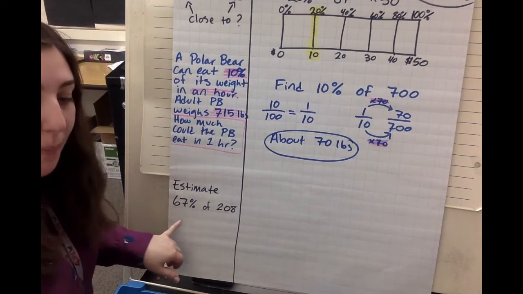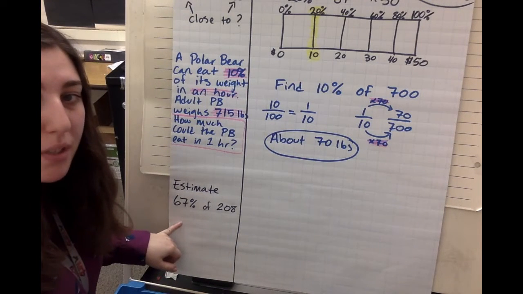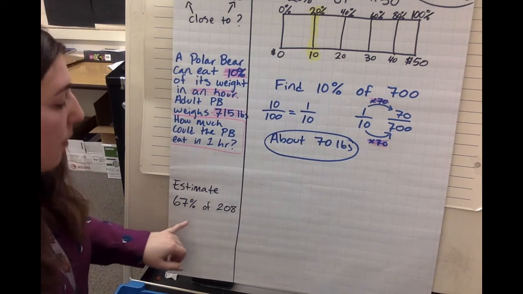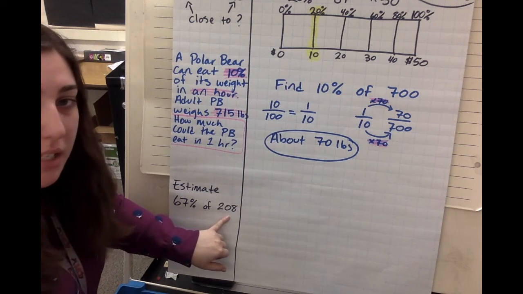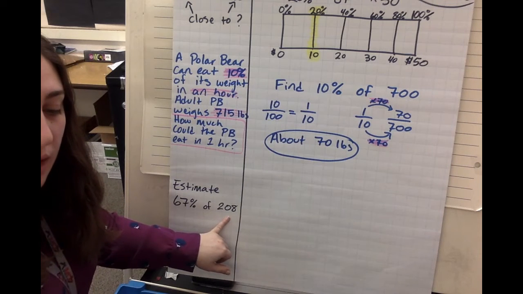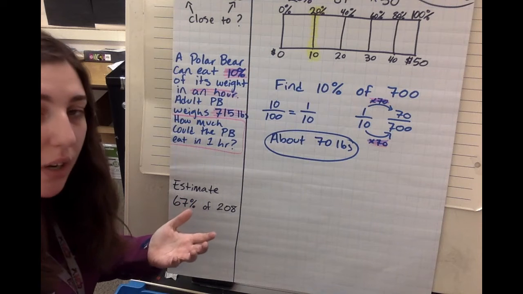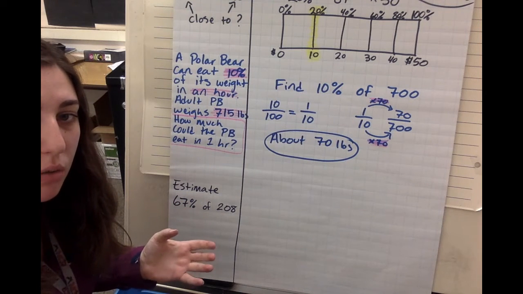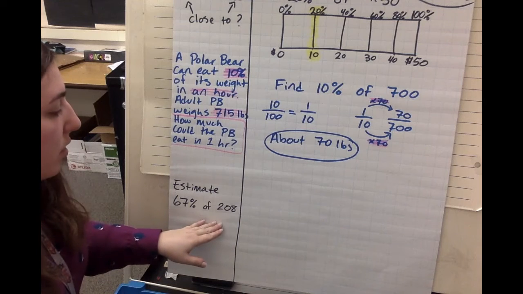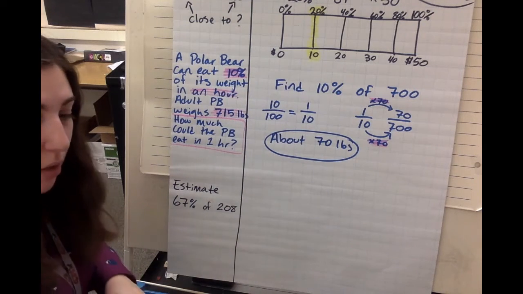We're going to keep the percentage the same, so we're not going to round the percent to anything. We're keeping it the same, but we are going to round this number. And the strategy that we're going to use is like an out of 100 strategy. We're going to use what we know about percents to solve this. So let's get started here, and it'll make a little more sense.